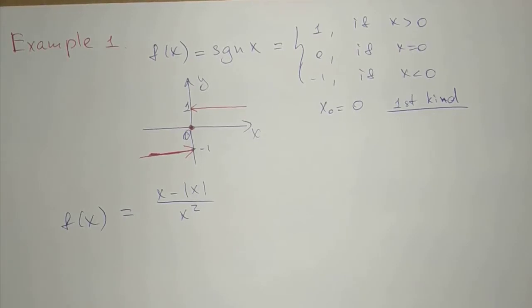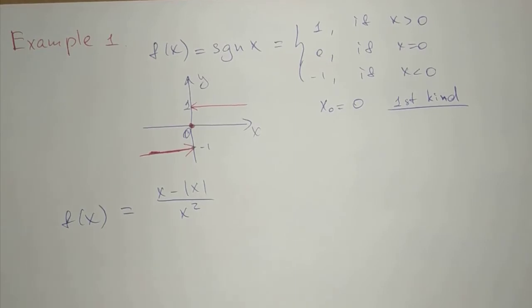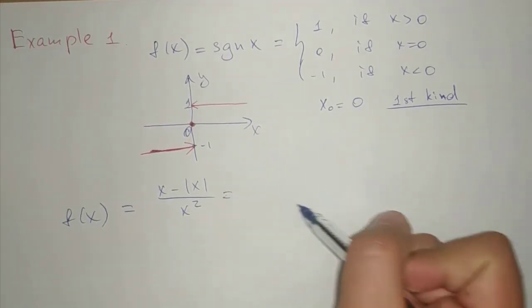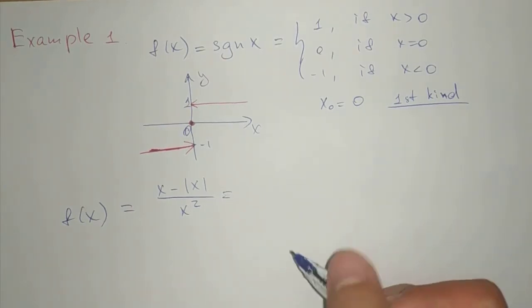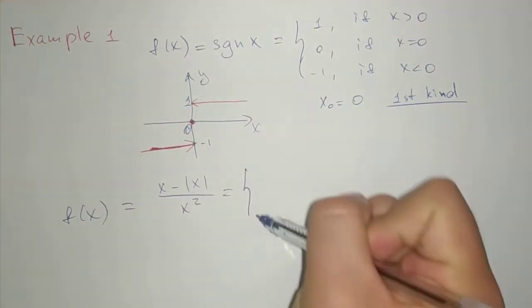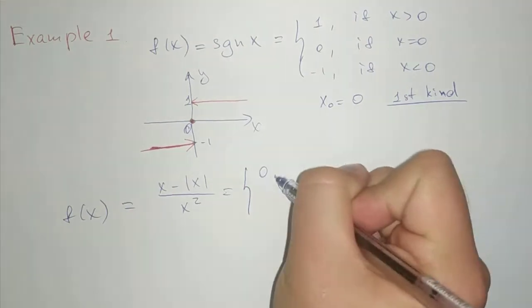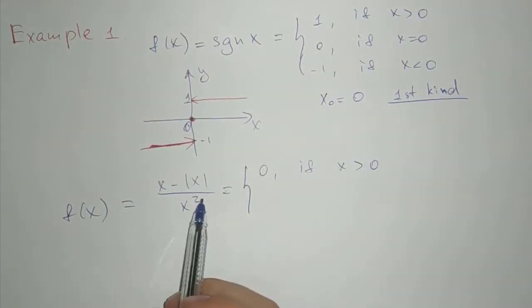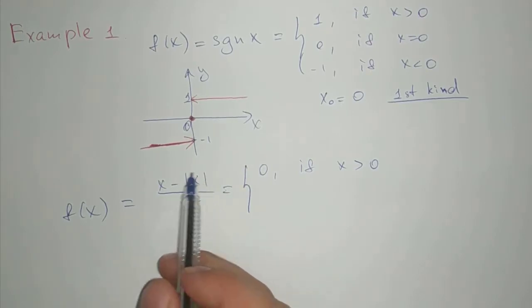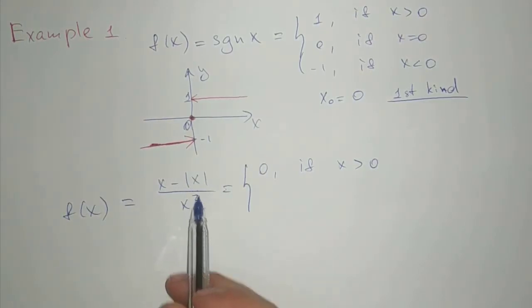If we open the absolute value as x greater than 0 and x less than 0, we get 0 if x is greater than 0, because then we have just x minus x, which gives 0.